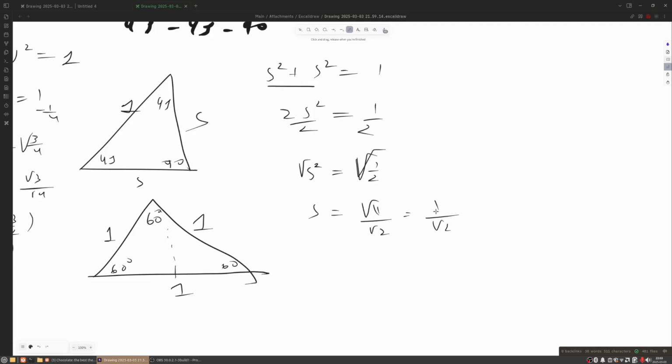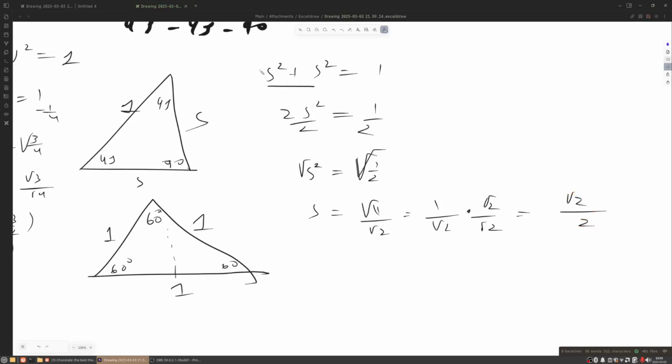Now, this isn't completely simplified. You can also take the denominator and multiply it by root 2 over 2. This is like a big one that you learn. Now, what this will do in return is keep this nice, and you wouldn't have the radical as a denominator. Now, this is the finalized form right here, root 2 over 2.